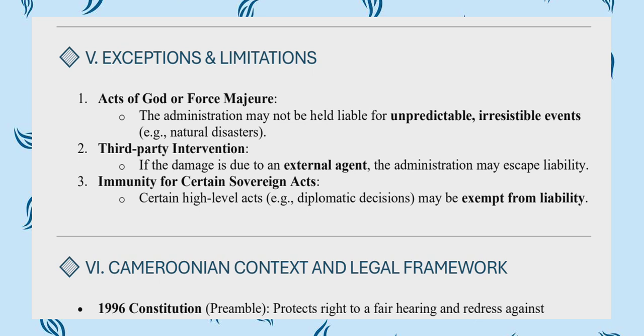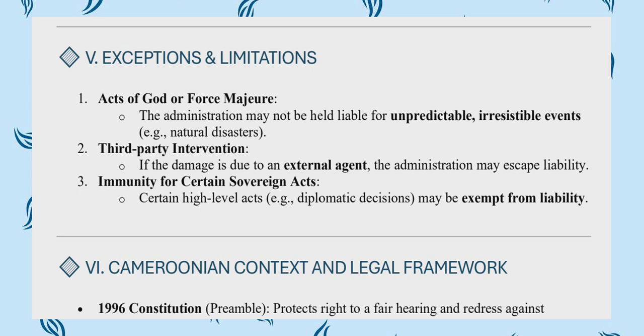And you know, flood is a natural disaster to an extent, even though man-made to an extent, based on the way the people in that place have been treating their sewage and dumping waste. It can cause flood. But normally it should have been natural. So when such natural disasters, like landslides, occur, you cannot hold the administration liable for the damage that you have suffered, because it is force majeure.